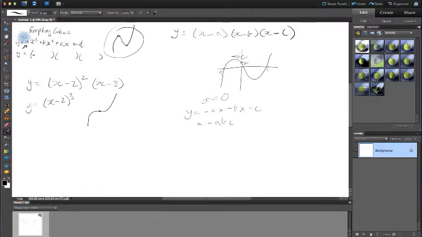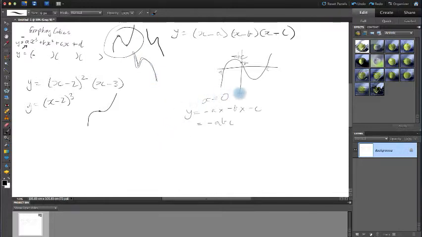So this is the shape if it's a positive value for a, but if it's a negative value for a, it sort of flips over and reflects across the x-intercept.